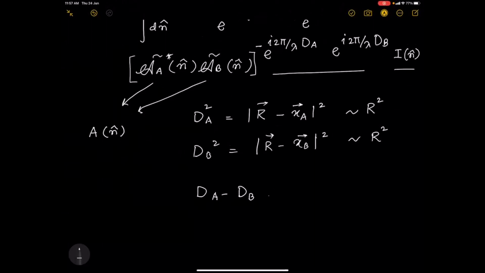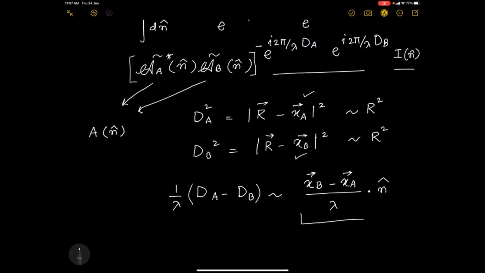So if you calculate this, I'm not doing it here, you will see what you will get is XB minus XA, and then you have this 1 by lambda over here, dot n cap. Please try to do this calculation. You have to just expand these and keep the relevant terms.